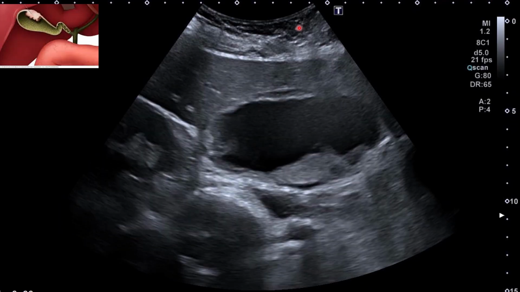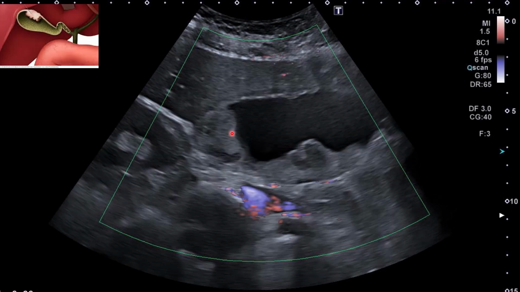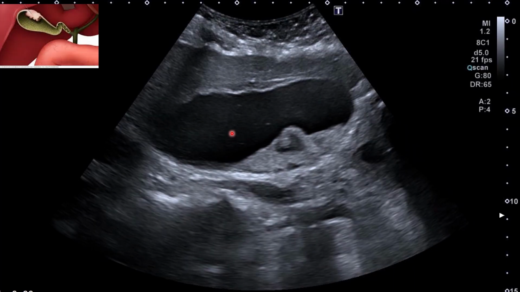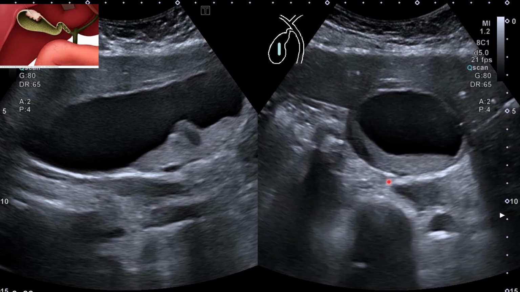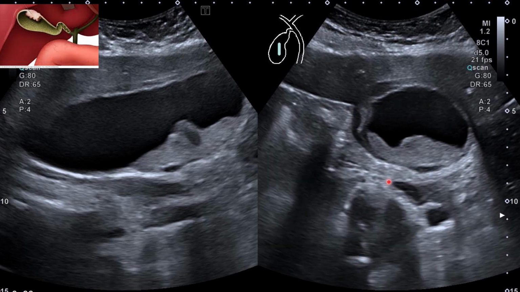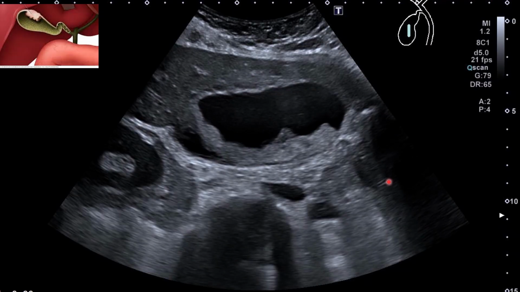But we would lead that there is a mass in the gallbladder. Those leads can now guide us for further tests that can bring us to the final diagnosis.